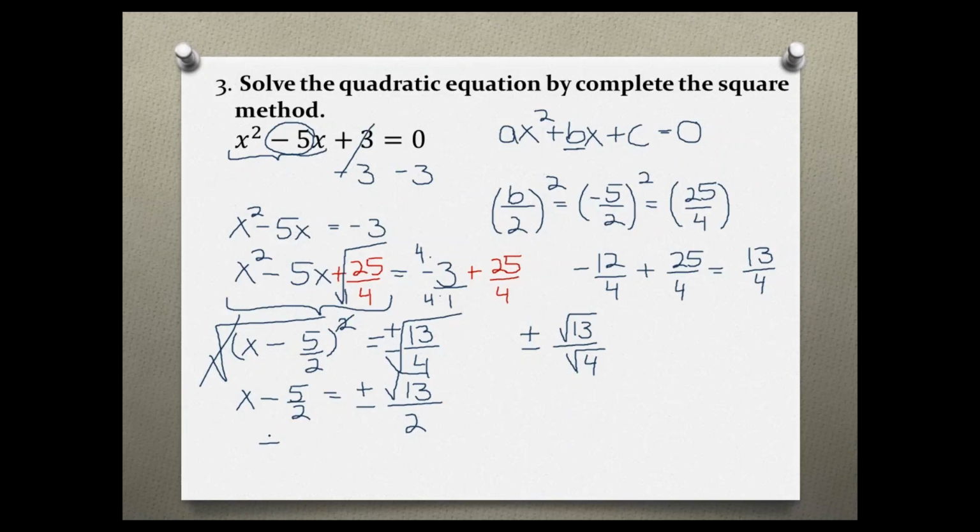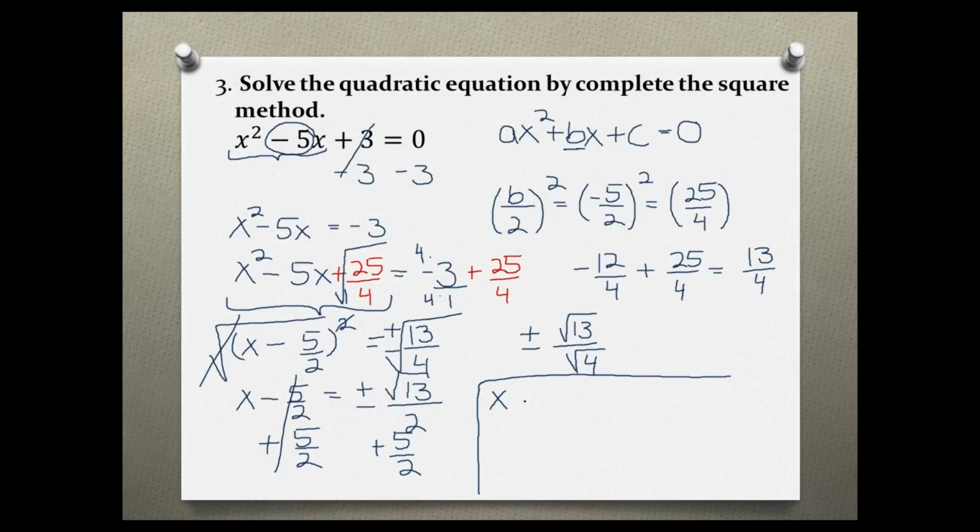Now I'm solving for x, so I have to add 5 over 2 to both sides. And that gives me two answers.